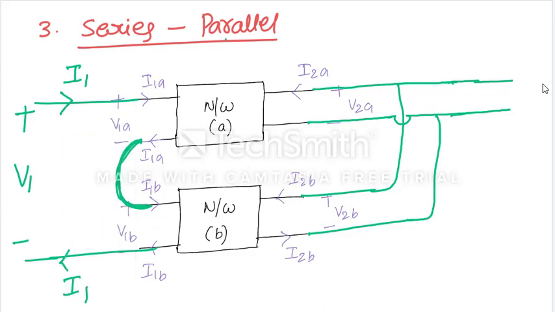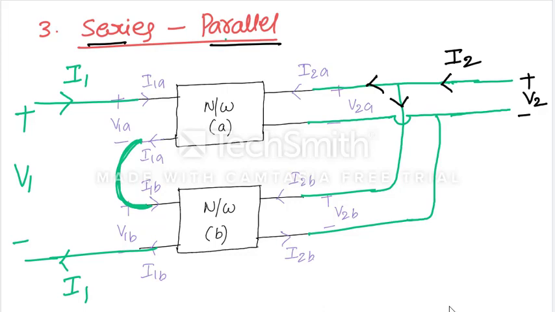So if I say this voltage is V2 and this current is I2, some current will go here, some other current will go here, isn't it? Voltage same, current is dividing. This type of connection is series parallel. Input side is series and output side is parallel.